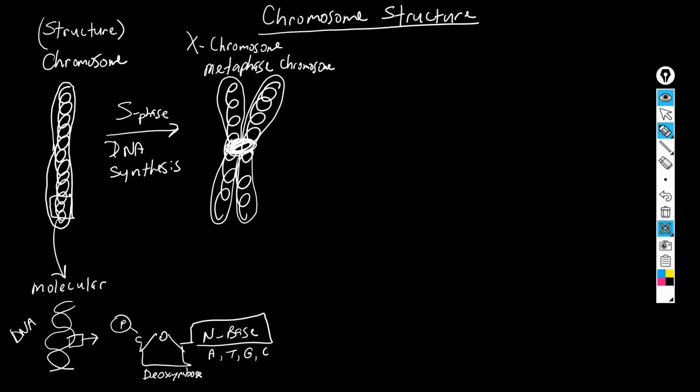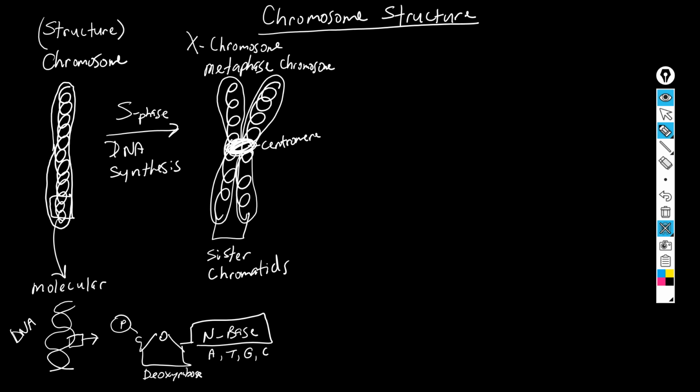Those replicated chromosomes are held together by a centromere, and they are now called sister chromatids. Remember, when we use that type of terminology, sisters and daughters, we are referring to things that are identical.